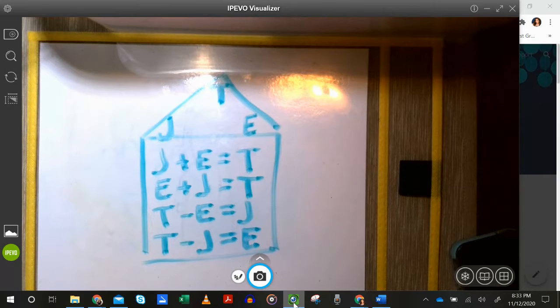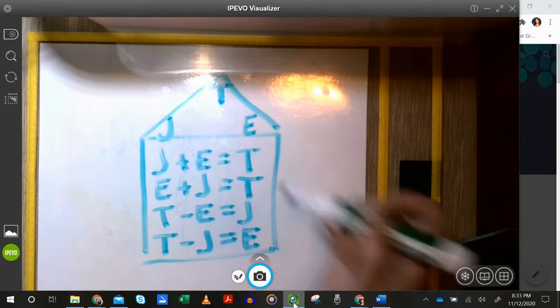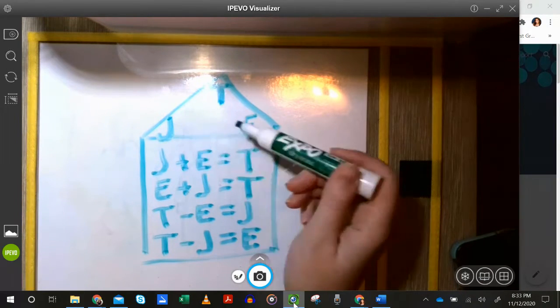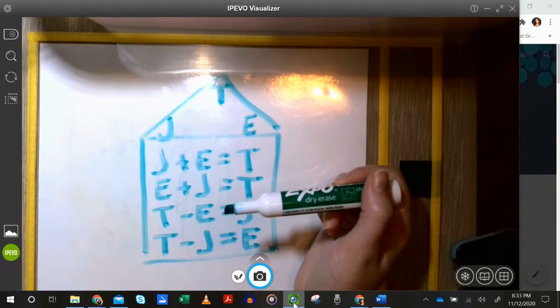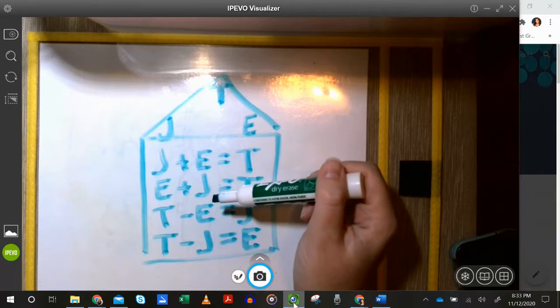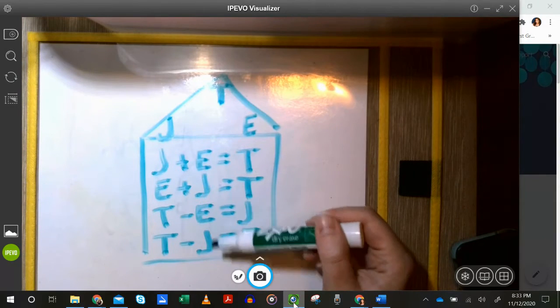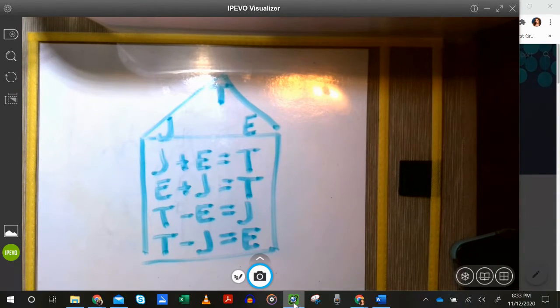What did I just do? I used Jackson, Emily, and that together they're the Turners to write addition sentences and subtraction sentences. We are going to do the same thing today with fact families.